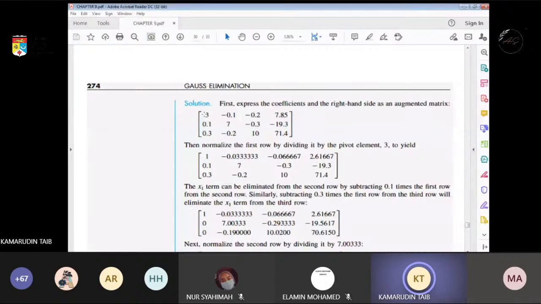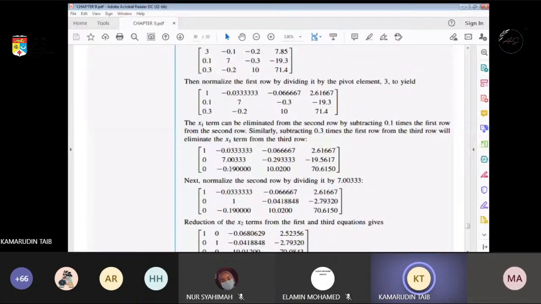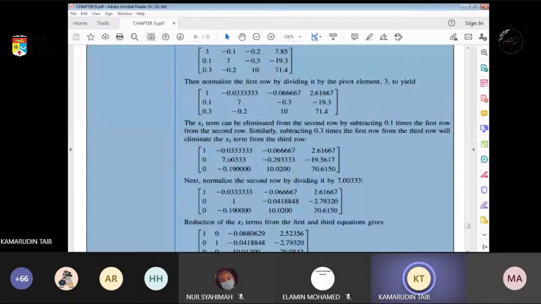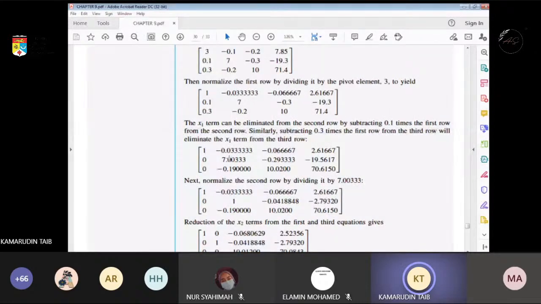Going back to this calculation here, what needs to be done is, every time you arrive at this particular stage where you got the 0 element there already, then you start normalizing the second row, the second element, to become 1 by dividing itself throughout the row.